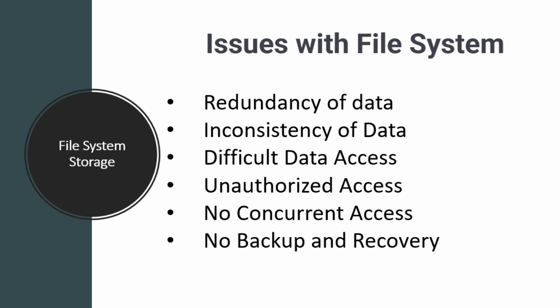The file system does not allow concurrency as data can be accessed by only one user at a time. No backup and recovery. The file system does not incorporate any backup and recovery of data if a file is lost or corrupted. These are the main reasons which made a shift from file system to database management system.